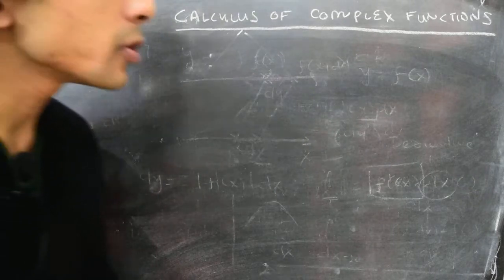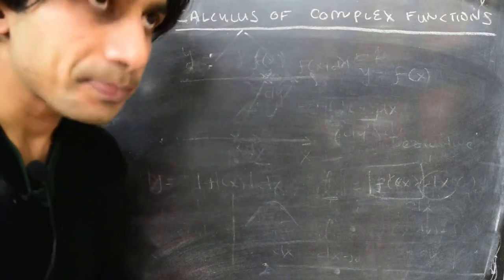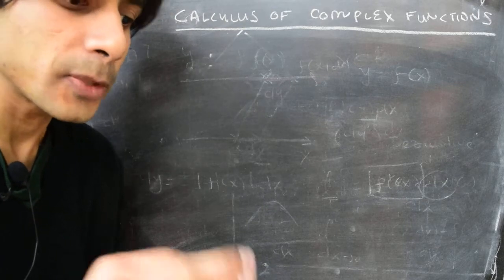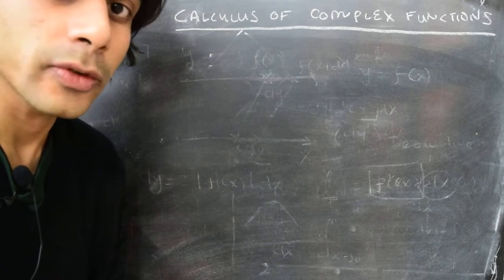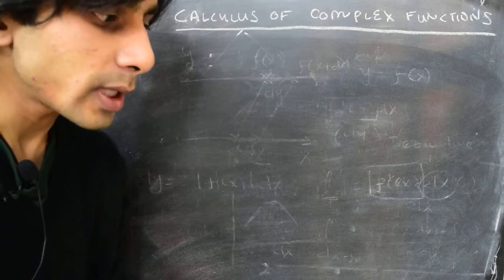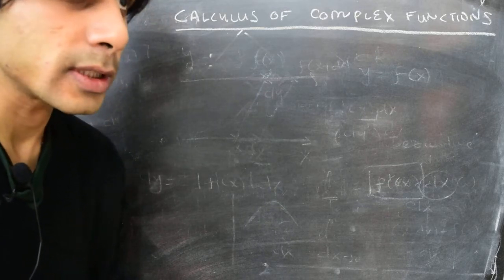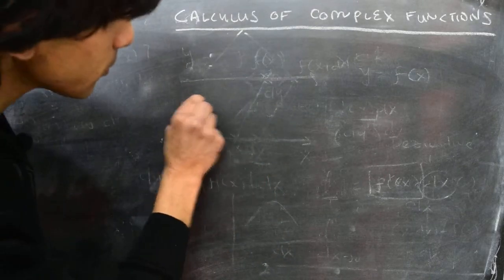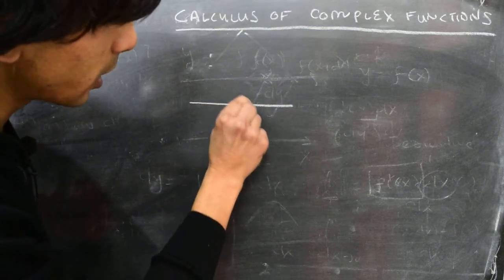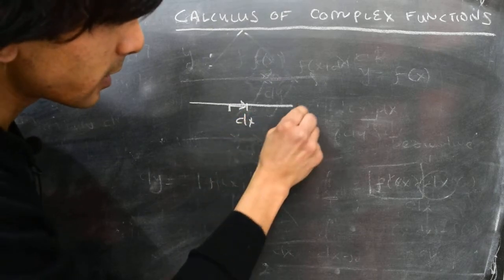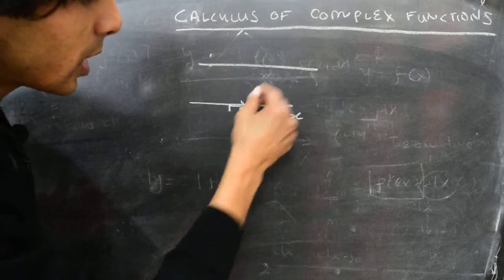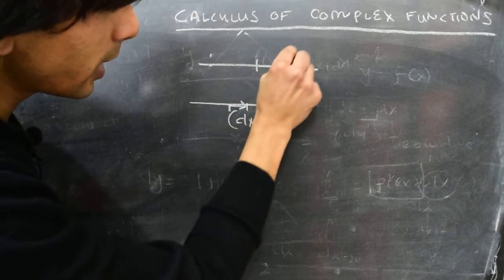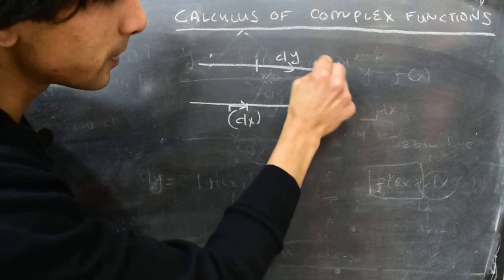So hi there. In the previous part of the video, we reviewed the notion of the derivative of a function of a real variable, and saw that an interesting interpretation of the derivative is that it's the real number with which we must multiply an infinitesimal arrow dx along the x-axis in order to get the arrow dy on the y-axis.